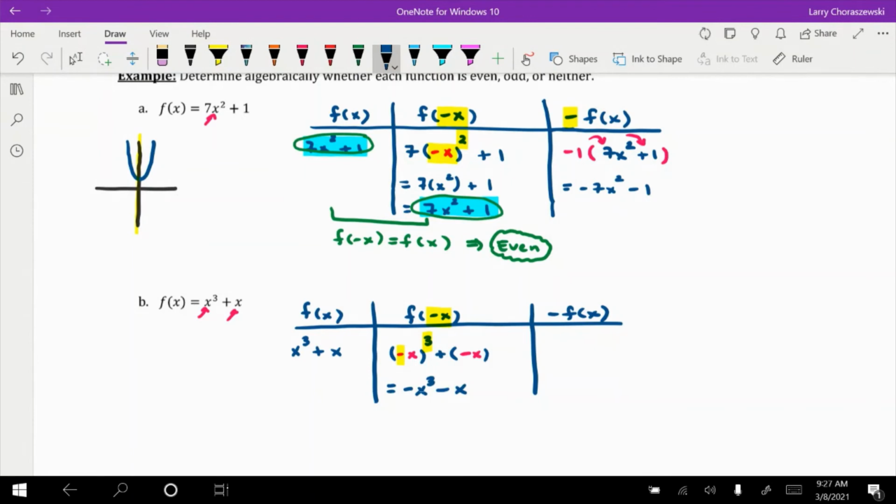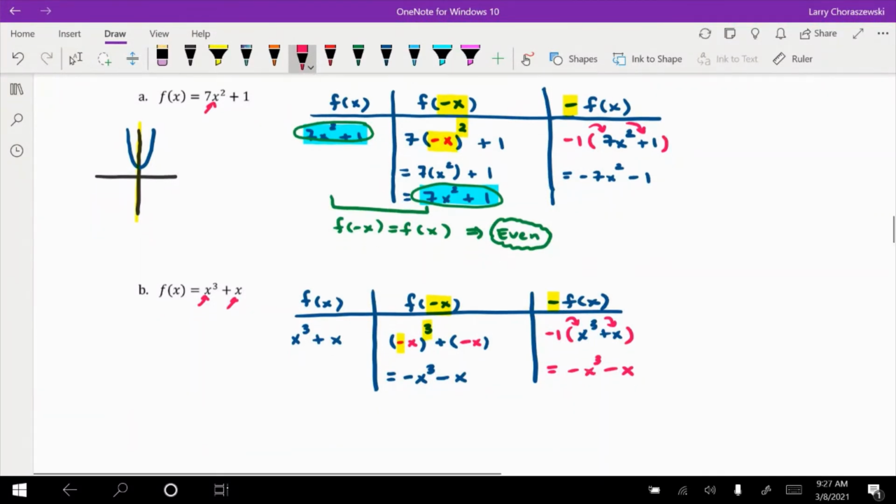So we get negative x cubed minus x. For the third column, the opposite of f of x asks us to distribute negative 1 to the expression x cubed plus x. And when you distribute it, you're going to get negative x cubed minus x.